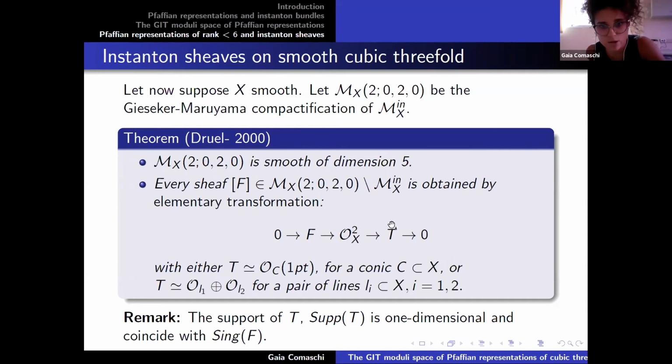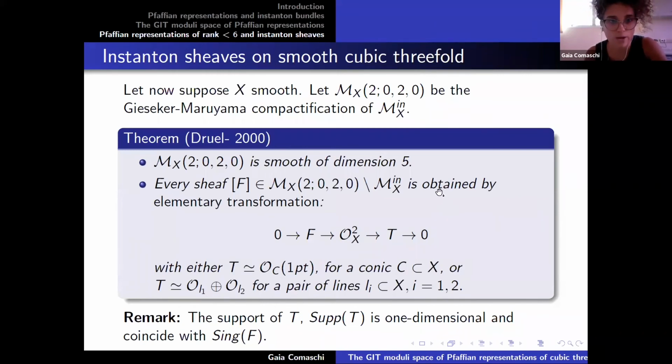In particular, each of these sheaves is obtained by elementary transformation from a one-dimensional sheaf that is either half of the theta characteristic of a conic on the threefold, or the direct sum of the structure sheaves of two lines on the cubic.